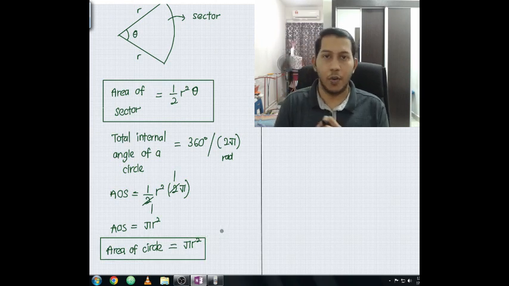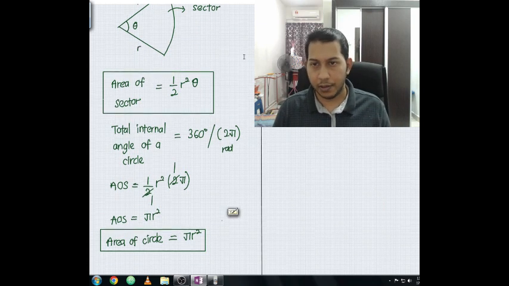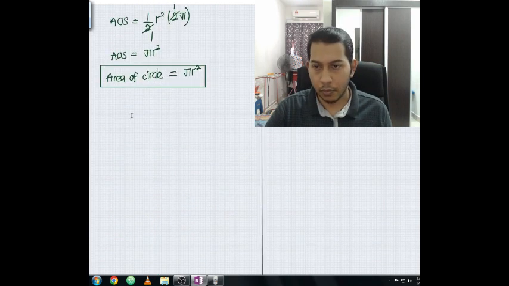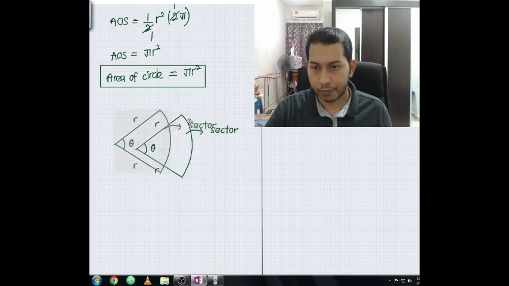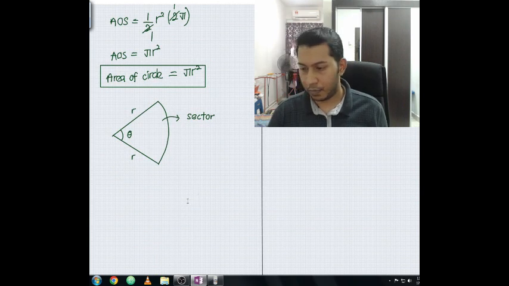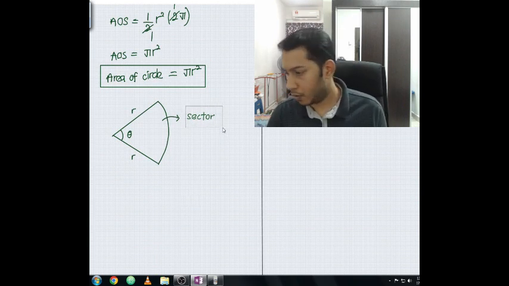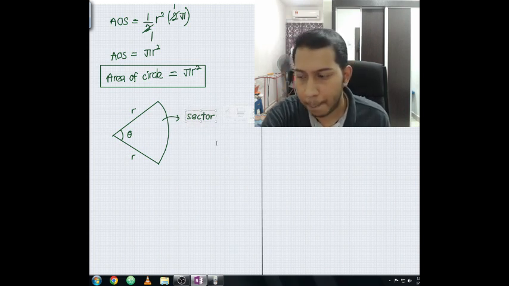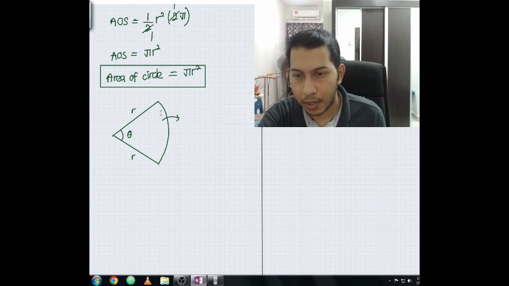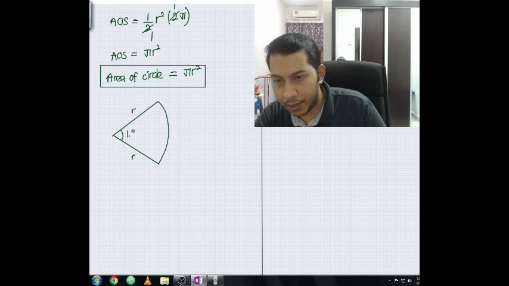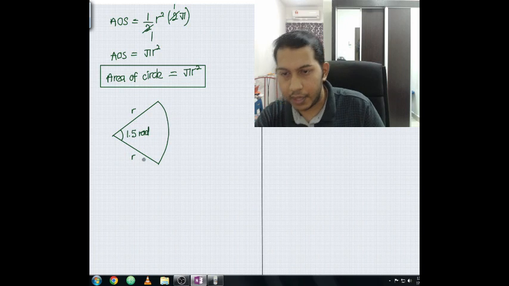Let us go through one example. We're going to use this same sector, so let me just copy paste this. This one I remove, and this one I change into 1.5 radian.